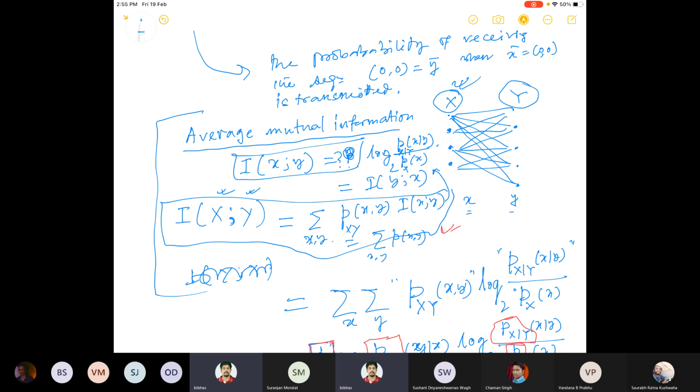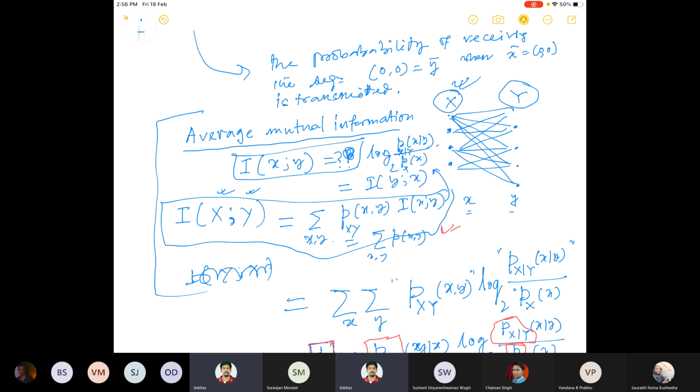So if you want to study the property of the channel, it has to be independent of, or defined in terms of, the input probability distribution.